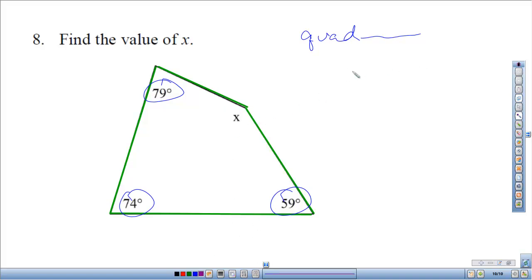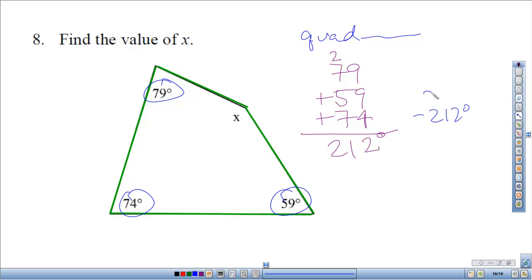So let's add them up. That would be what? 79 plus 59 plus 74. Let's see, 9 plus 9 is 18, plus 4 more is 22. Carry my 2. 9 plus 5 is 14, and 14 plus 7 more would be 21, and that's the sum of those 3 angles. Now, I'm going to take those 212 degrees away from 360 degrees, and let's see.